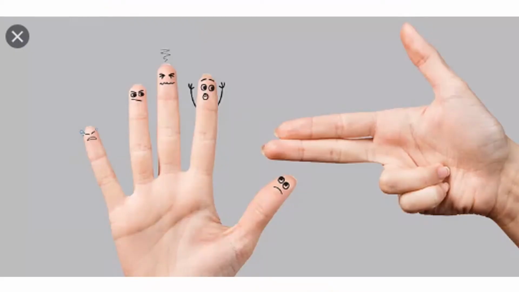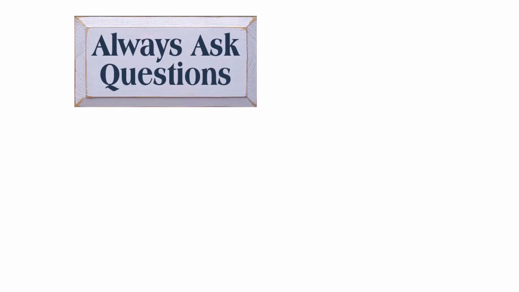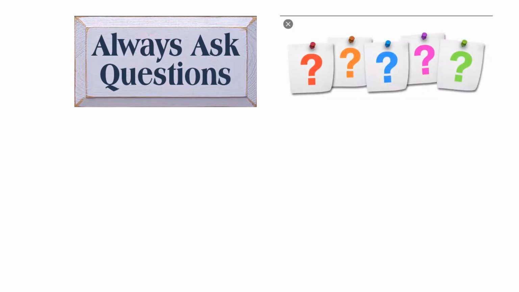The rule of 5 is a very good way of solving problems. Always ask questions. What is the minimum number of questions I should ask myself? It is 5 questions that would solve almost any problem.